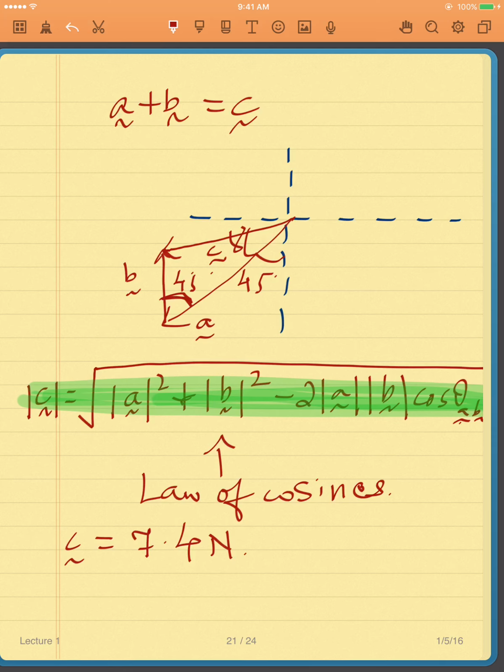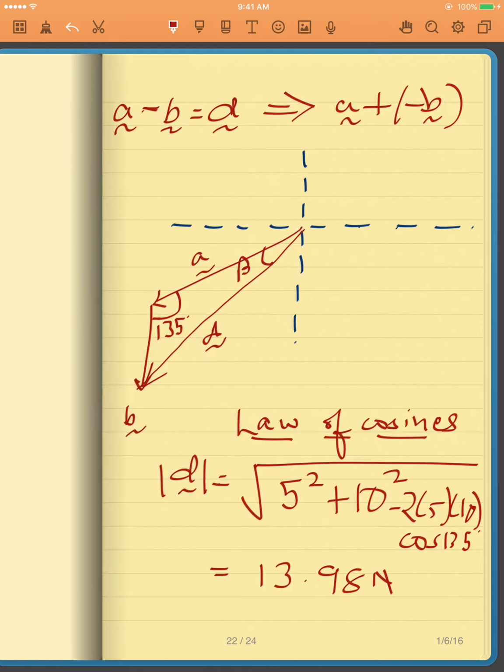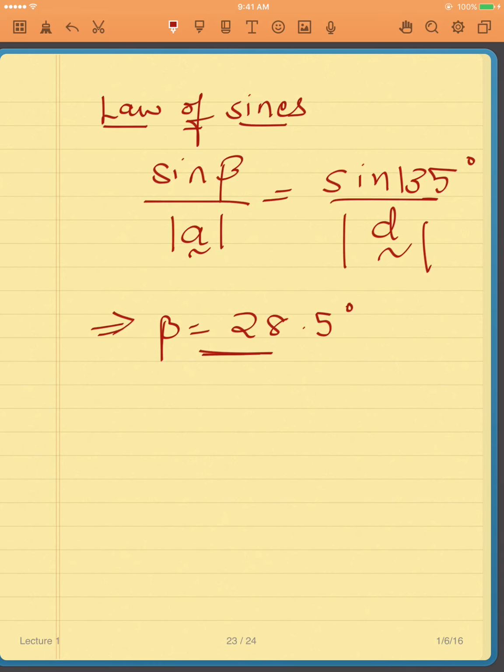So if we were to write the law of sines for the first problem, or the first part where we did A plus B, we would get gamma is equal to 28.5. Oh, you can solve for what gamma is here. I think here it's 28.5, sorry. And over here, it's not 28.5.